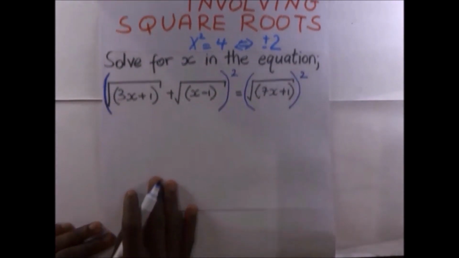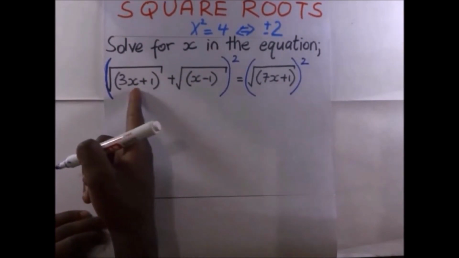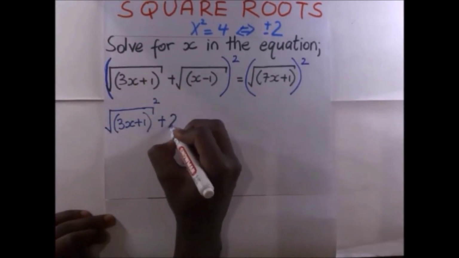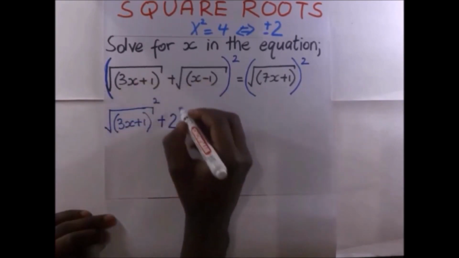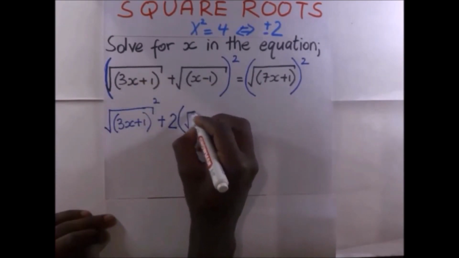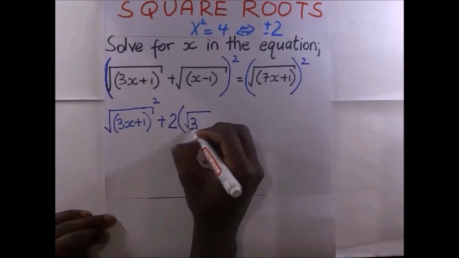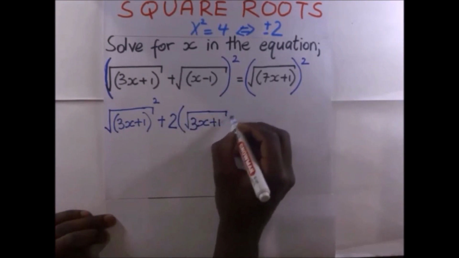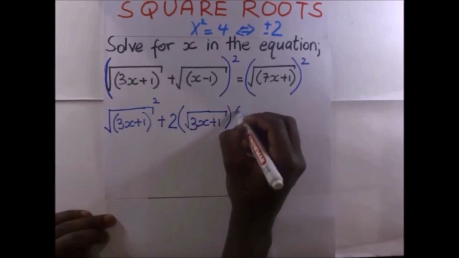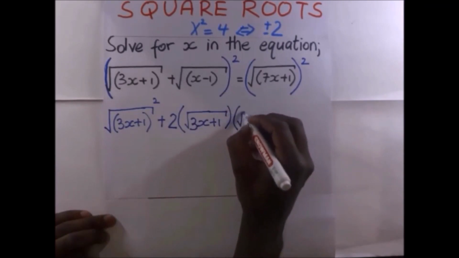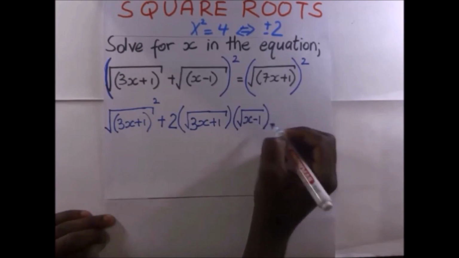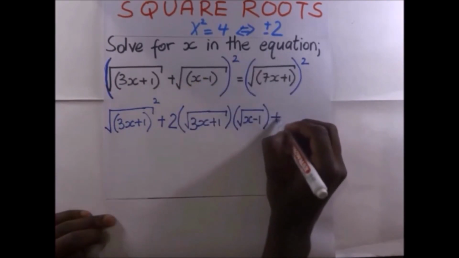So when we square both sides of the equation, we shall get this squared plus 2 times this times that, plus this squared.